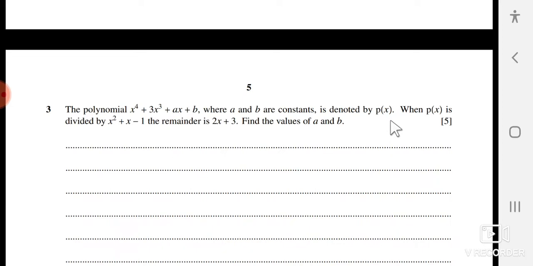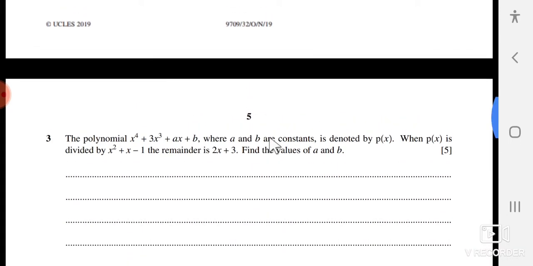You can do that question by this simple rule called the remainder theorem. The remainder theorem says p(x) is equal to q(x) times d(x) plus r(x), where r(x) is the remainder. Here d(x) is given, and what is d(x)?